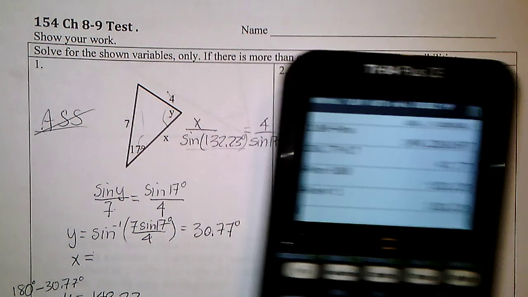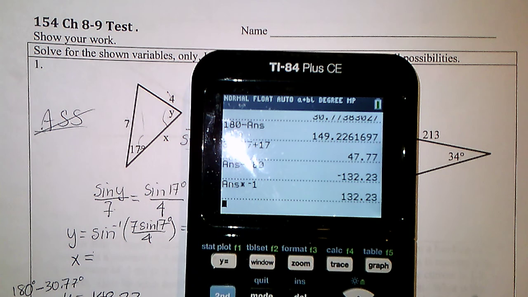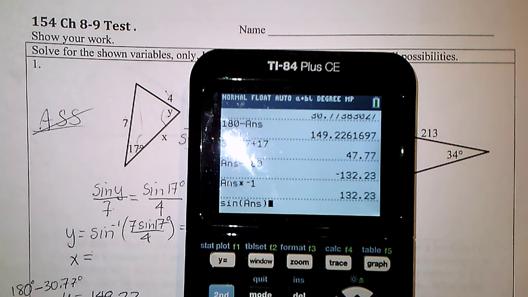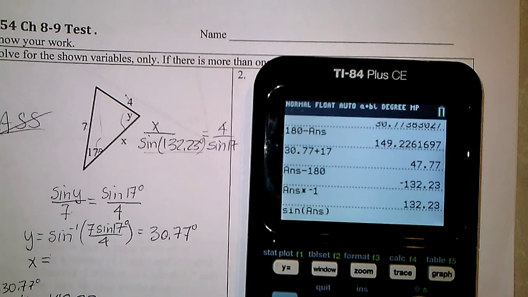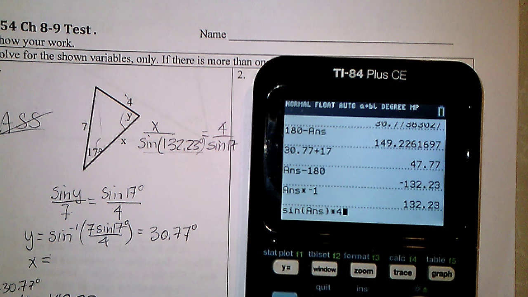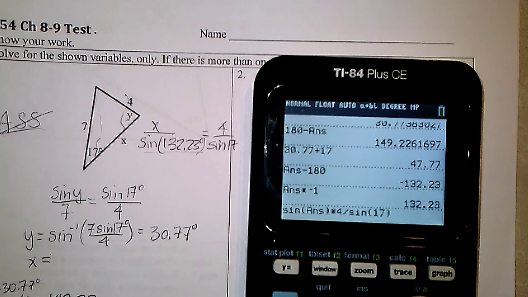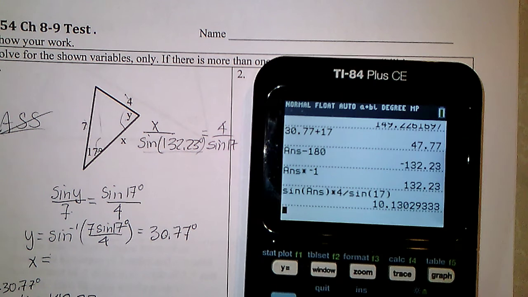Okay, and so I'd take the sine of that answer times 4 divided by sine 17, and I get 10.13.